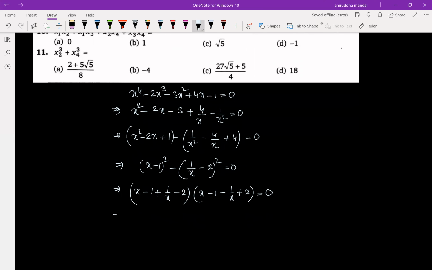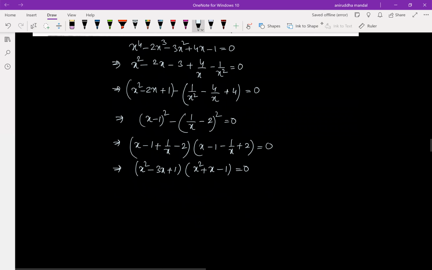So which means we have two quadratic equations, that is x square minus 3x plus 1, and the second quadratic is x square plus x minus 1.